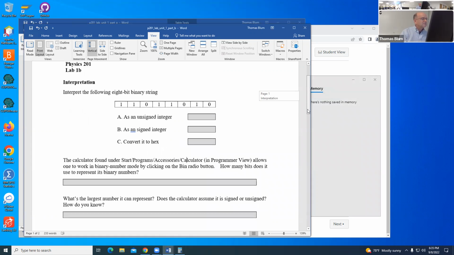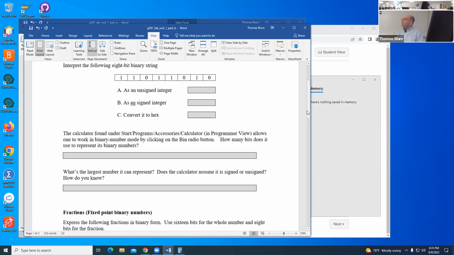And what's the largest number it can represent? Well, I just put in a -1 to figure that out. So we know that it's signed numbers. So what's our formula there? Half of them are positive, half of them are negative.